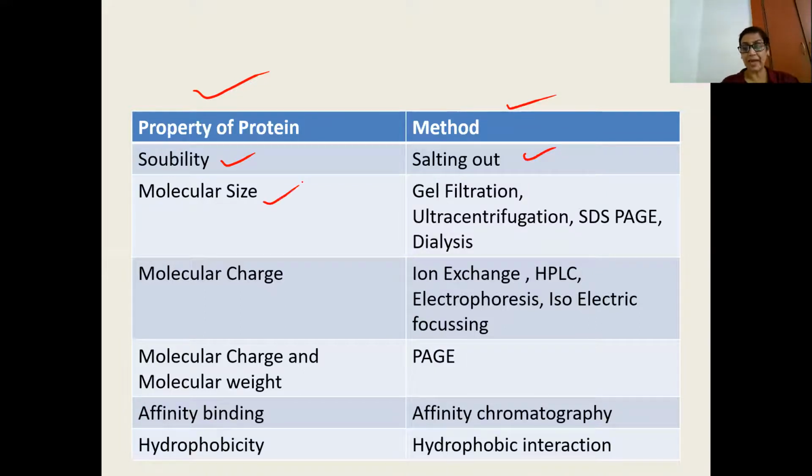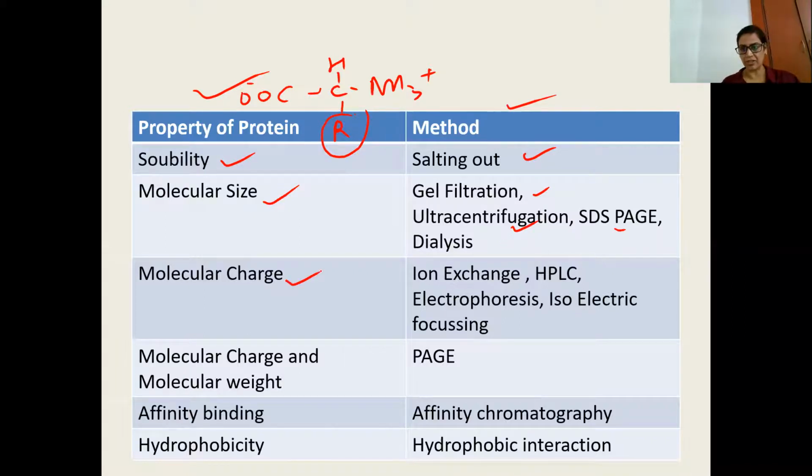If we talk about size, the R group varies, because amino acids have this type of structure. So this R group will vary, and this will vary the size also. So gel filtration, ultracentrifugation, and SDS-PAGE, along with dialysis, separate proteins on the basis of size.